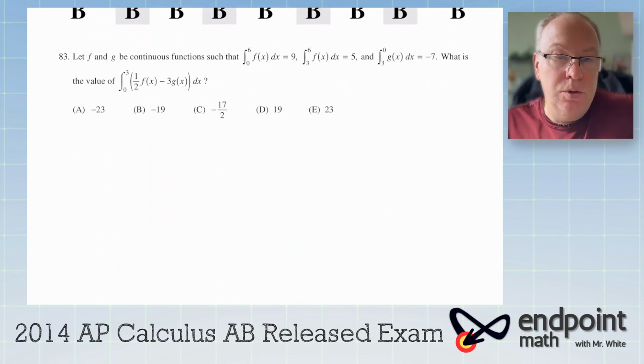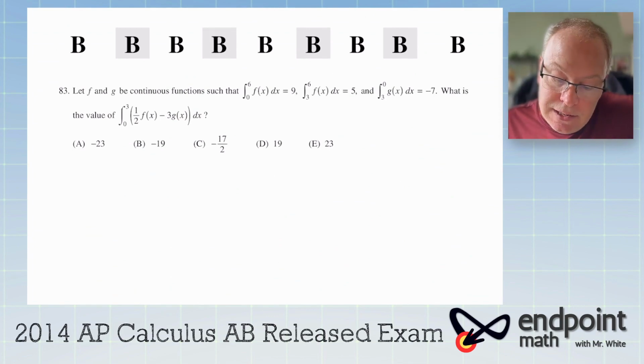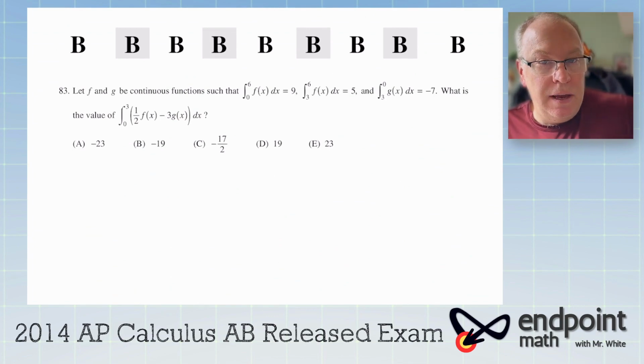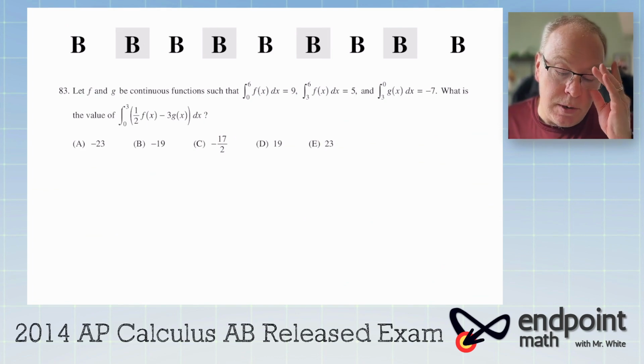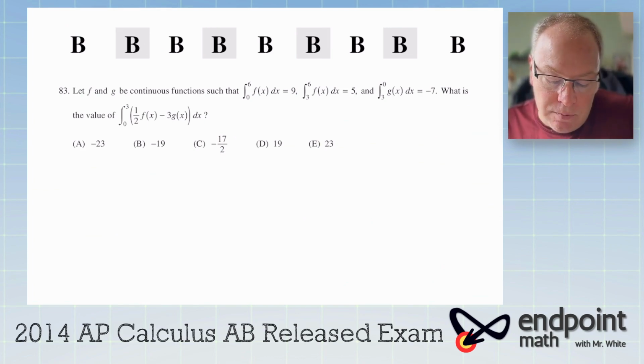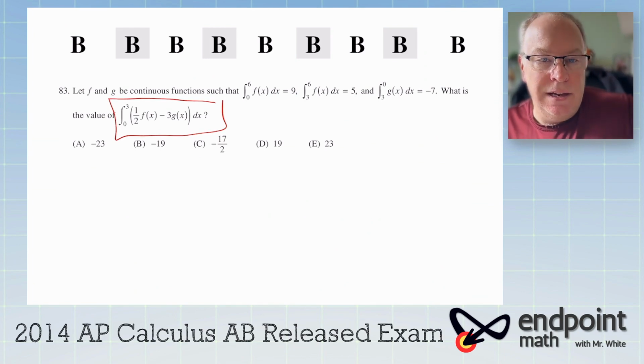Moving on to number 83. Let f and g be continuous, and then they're giving the values of integrals. You know what we're going to do. We're going to use the properties of integrals to solve this out. So they want to know what this integral would be.